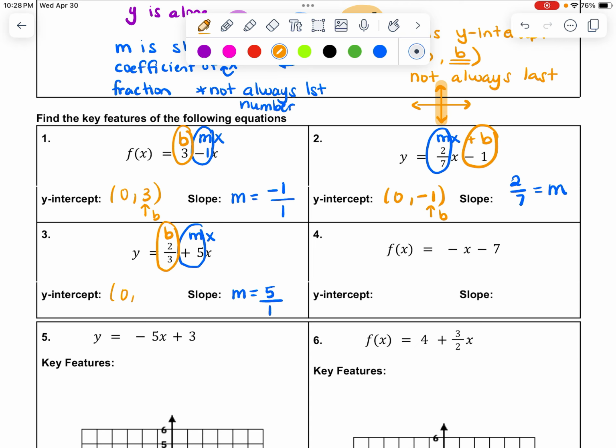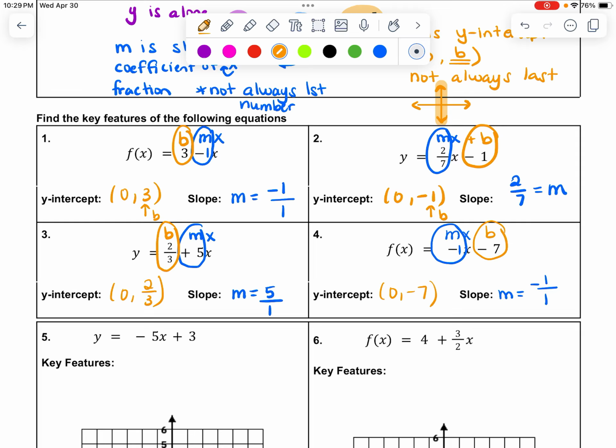So I'm going to have 0 and 2/3. Last but not least, problem number 4. I'm going to line everything up. mx plus b. My m is the number right before x, and remember, we always need to remember that that's a -1 over 1. And my b is -7.